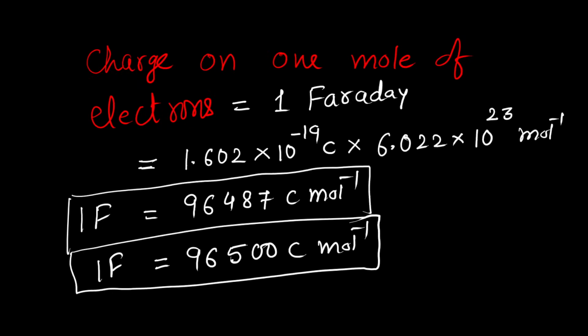The charge on 1 mole of electrons is 1 Faraday. 1.602 × 10^-19 coulomb is the charge on 1 electron, and in 1 mole there are 6.022 × 10^23 electrons. So it is 96487 coulomb per mole.